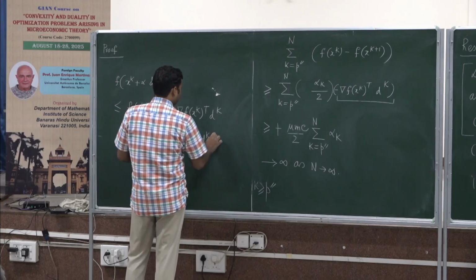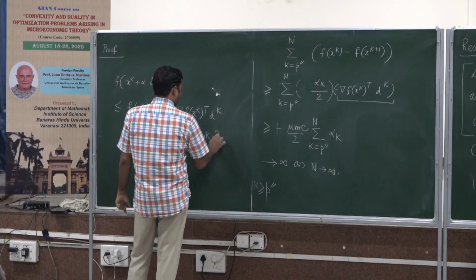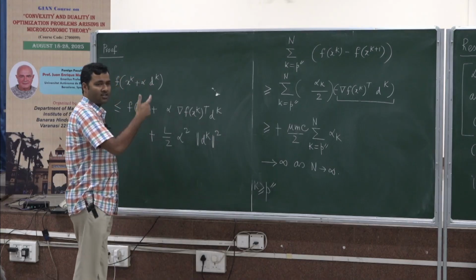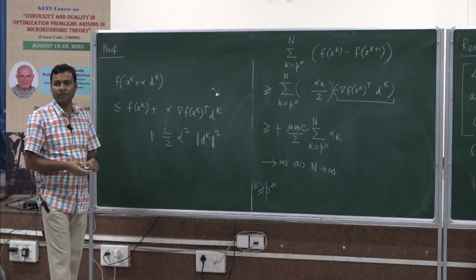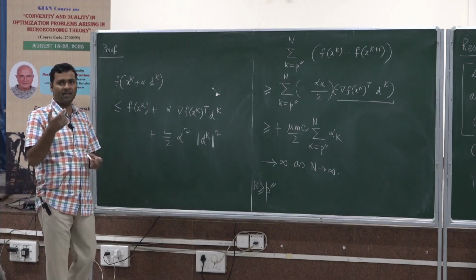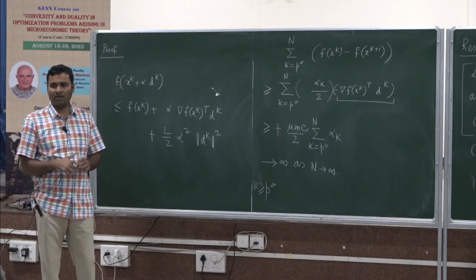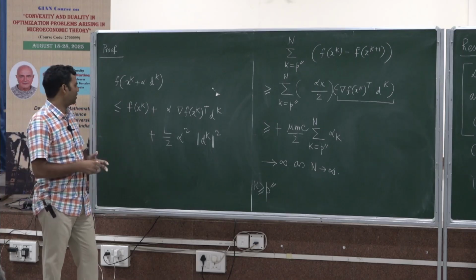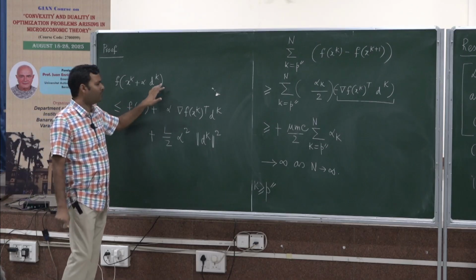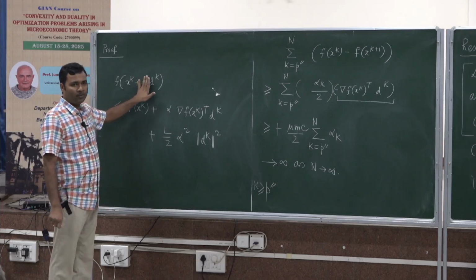In a similar manner, we can prove the same. Similar manner means the construction of the auxiliary function phi t and then phi dash t, and then you take the integration from 0 to 1 of phi dash t dt, and ultimately you get this over here. For any value of alpha you replace, that does not matter.